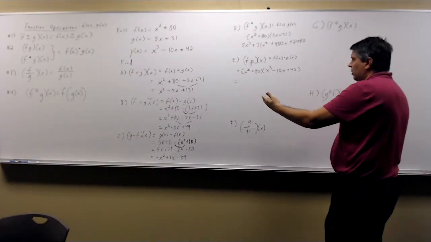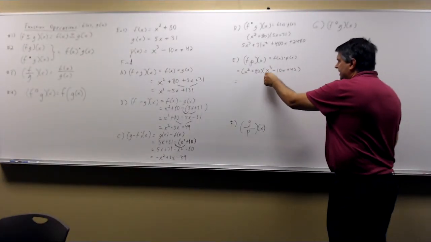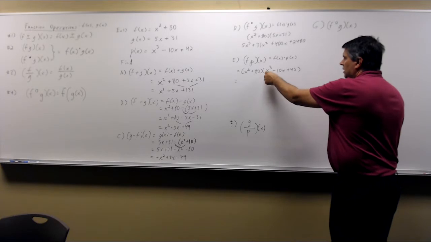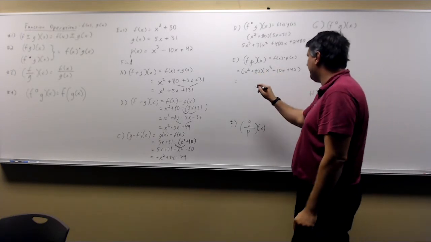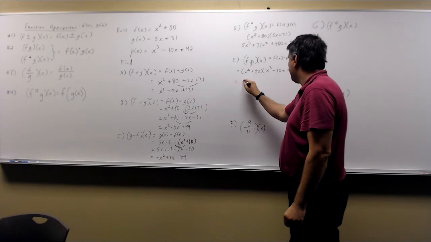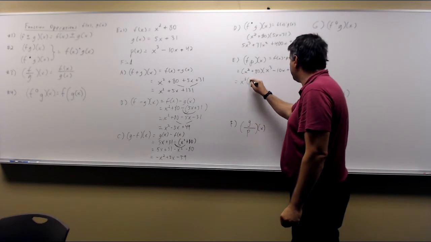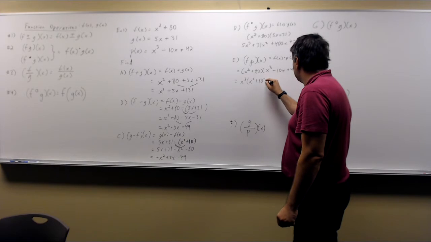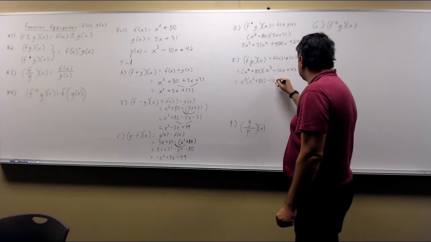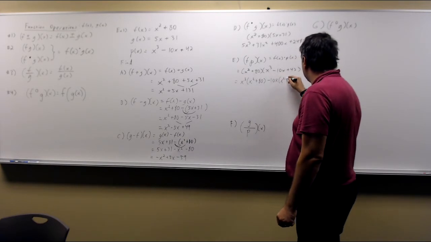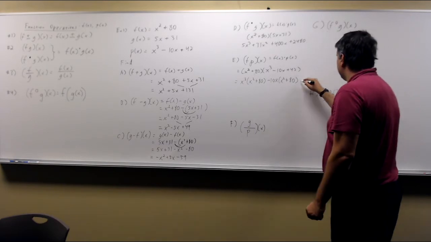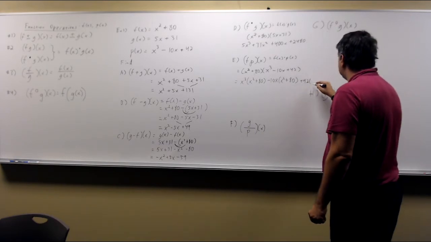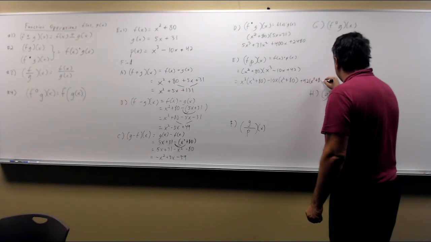So my way of doing this is to simply multiply each term. This should be polynomial times each term of the longer one. So that's going to be x cubed times x squared plus 80, minus 10x times x squared plus 80, plus 42 times x squared plus 80.